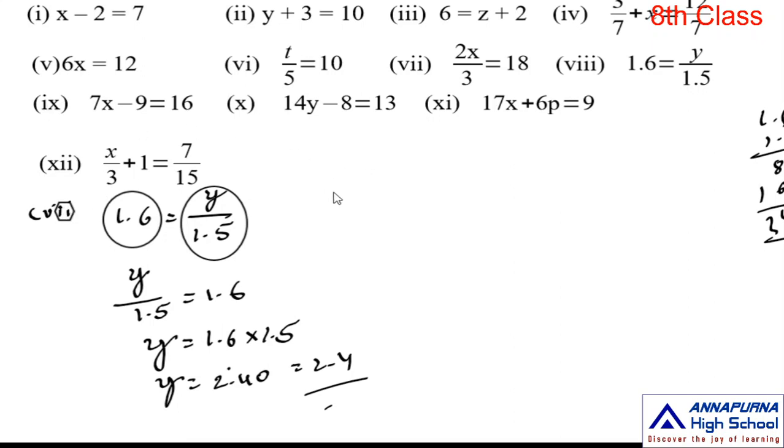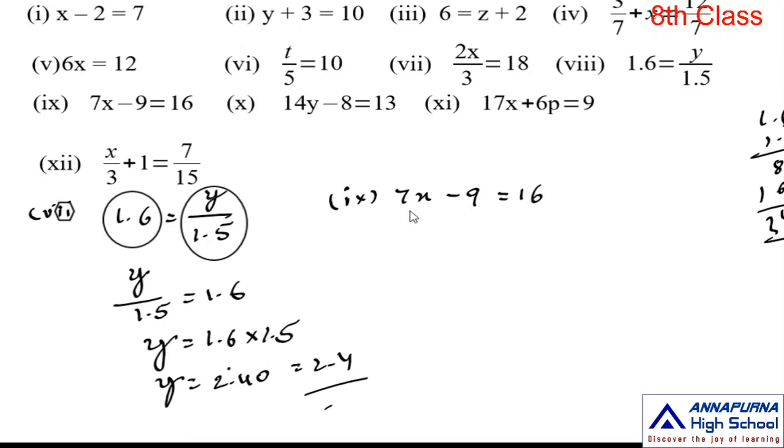Next, the 9th one. The 9th equation is 7x minus 9 is equal to 16. In this equation, how many terms are there? There are 3 terms: 7x, minus 9, and 16. Out of the 3 terms, 2 are on the left side and 1 is on the right side.